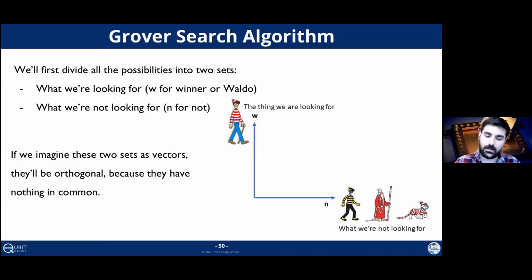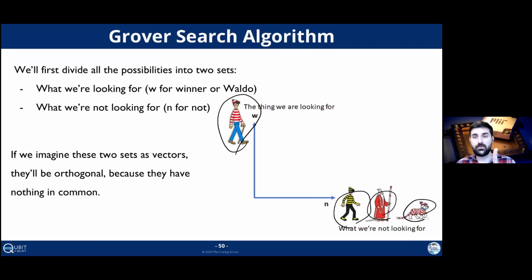The first one is what we're looking for, the W that we say usually refers to the winner, but in this case, you could also refer to Waldo, and everything else that we're not looking for, which we're just calling N. So that is all these other characters that we have.